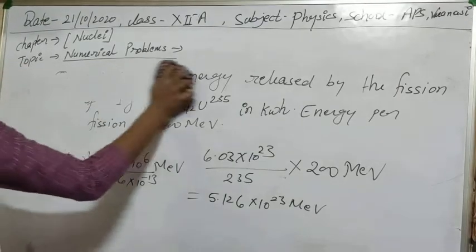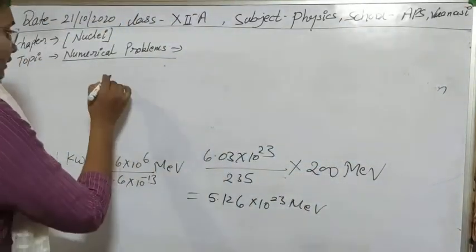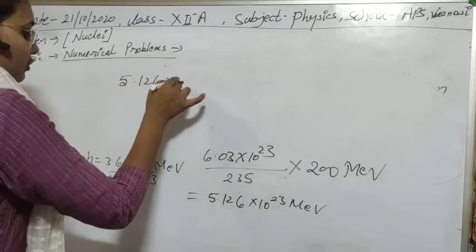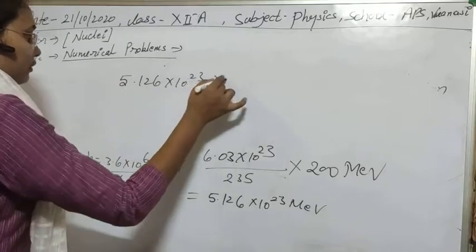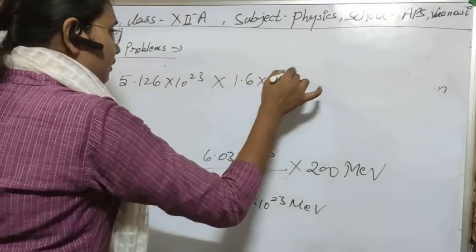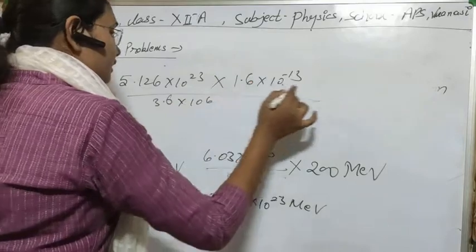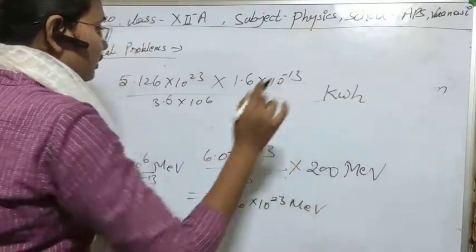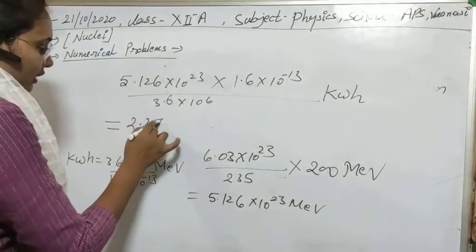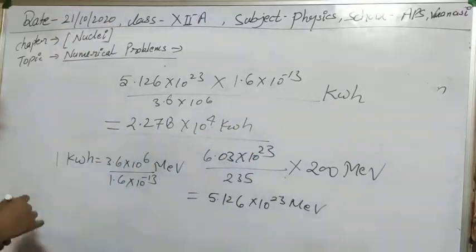The energy value is 5.126 into 10 to the power 23; in reverse order we multiply by this amount and divide by 3.6 into 10 to the power 6. That value will be in kilowatt hour. After solving this, we get the final value: 2.278 into 10 to the power 4 kilowatt hour. So this is the final answer.